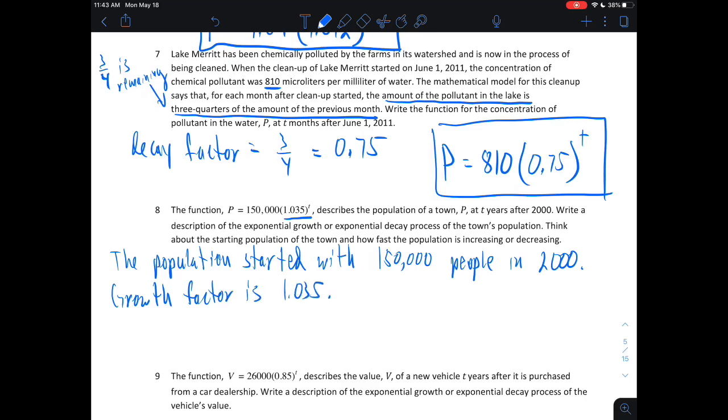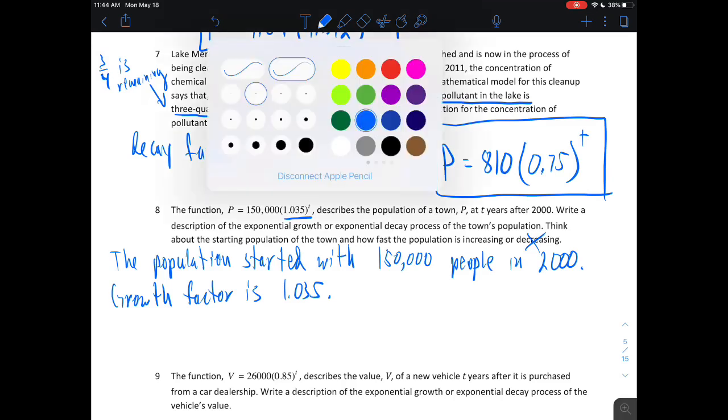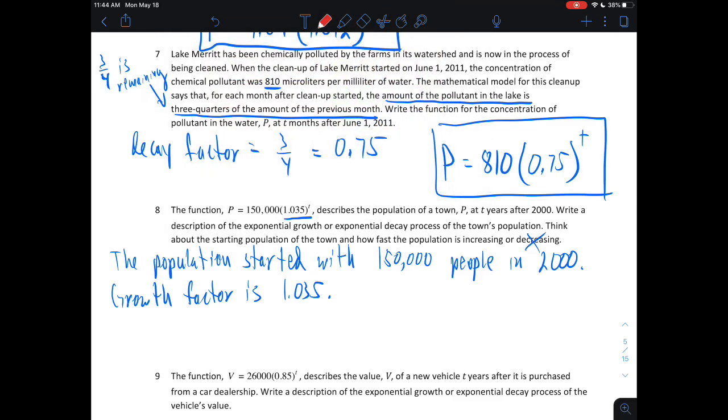So now, how would we describe how fast the population is increasing in this case? Because we have growth. Well, now we're going to do the opposite of what we did in the previous examples. When we had to use addition or subtraction to start with a rate and get a factor, now we're going to undo that. So here, I want to just remind us of something we saw in Module 4.